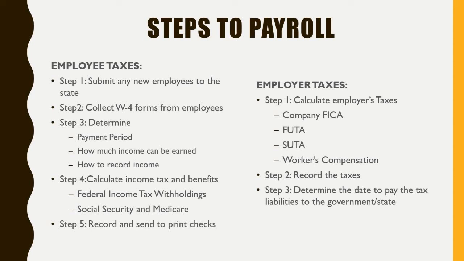They must pay into federal unemployment, state unemployment, and they must also pay into their benefits, their deductions, as well as things like workers' compensation, a protection plan for them in case the employee decides to sue them. Okay? So that is what you're going to be determining.